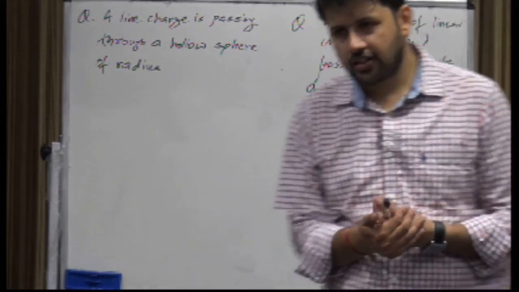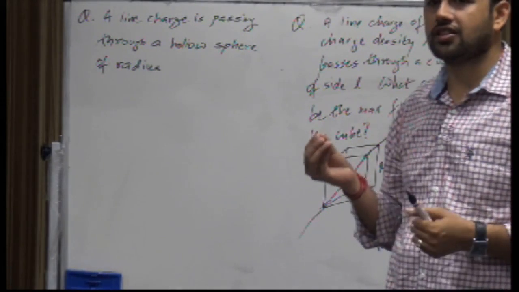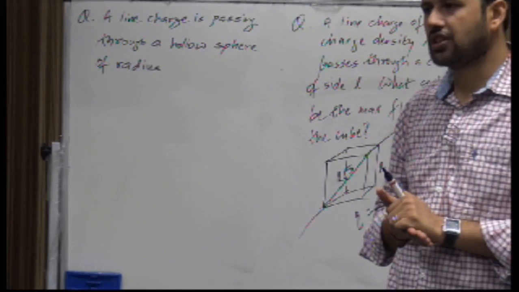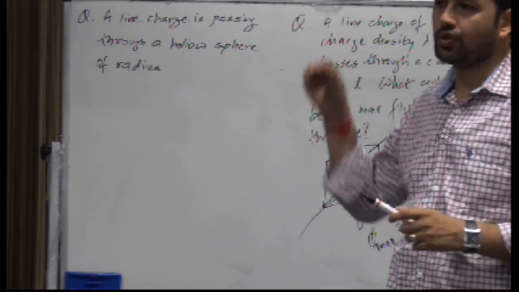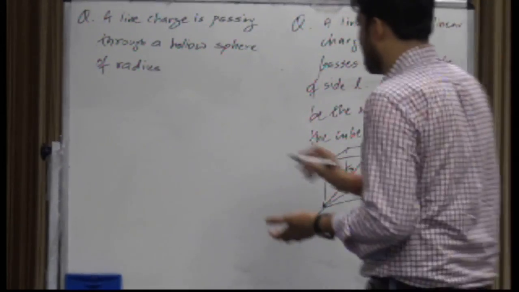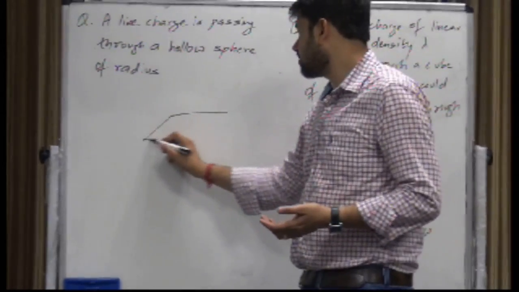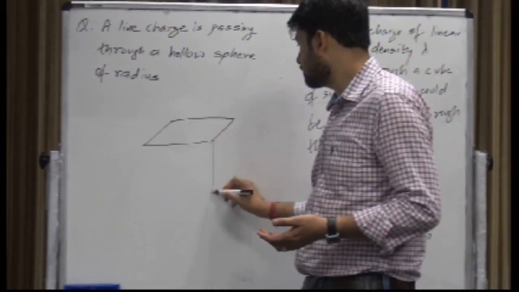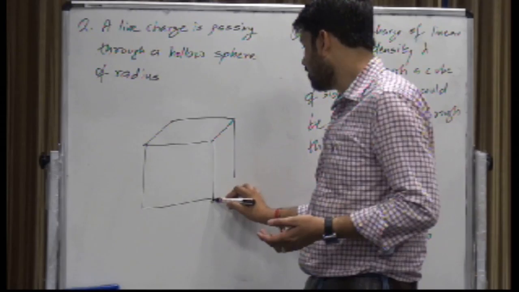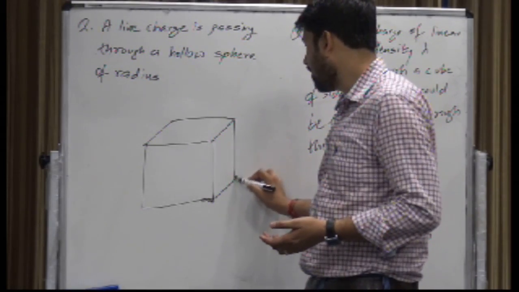I said that the same charge is shared by 3 faces. So for those 3 faces, the field lines would be parallel, grazing the surface, right? I would have to draw the surface again. It's a 2D board and it's not very convenient for me to show.